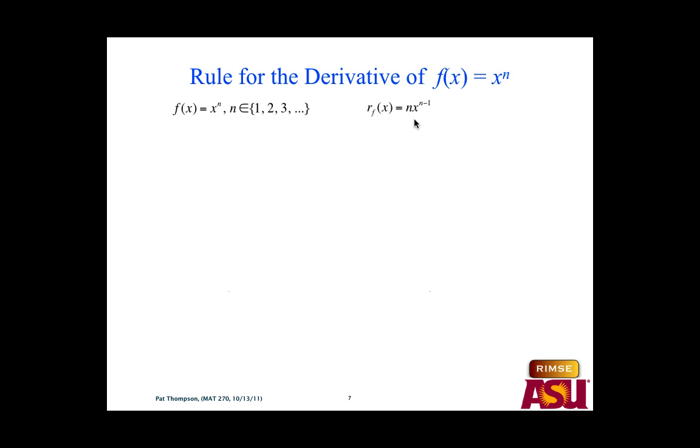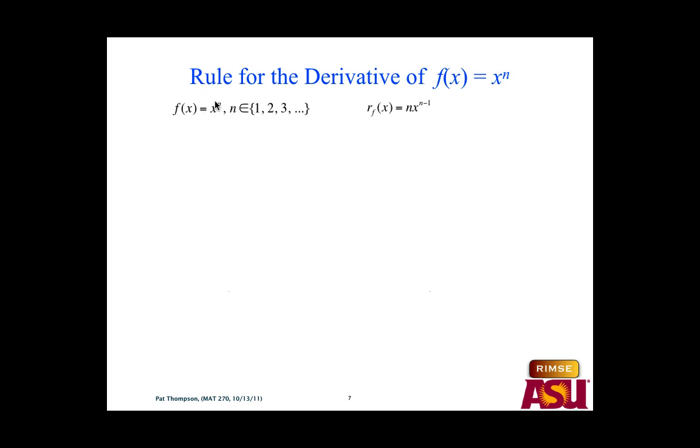The rate of change function is something that contains a power of x that's 1 smaller than it started, so x to the n minus 1 if the original is x to the n. And it has a new coefficient that wasn't there before. So this original one was just a basic power function, not scaled up or down or reflected or anything, just 1 x to the n. Its rate of change function is n x to the n minus 1.